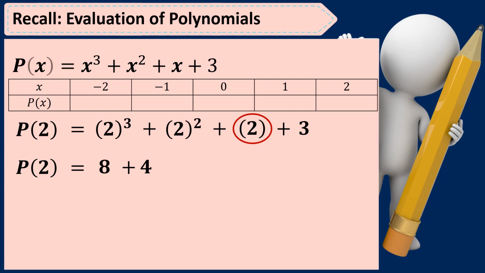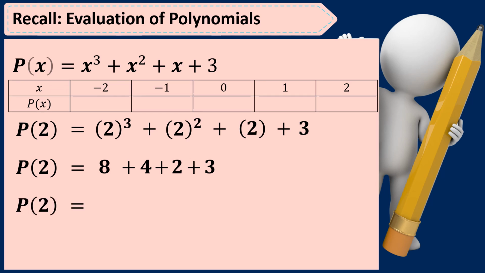Then we copy plus 2 plus 3. 8 plus 4 is equal to 12. 12 plus 2 is equal to 14. 14 plus 3 is equal to 17. So P of 2 is equal to 17.